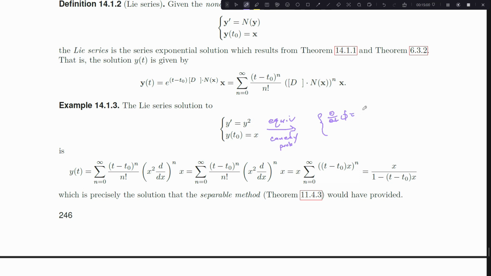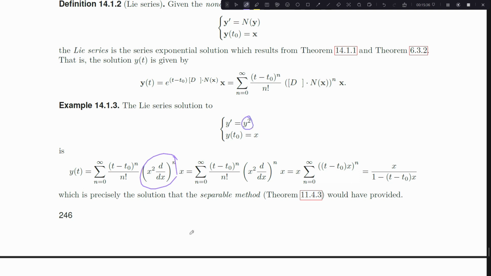So then you get partial x on phi, that's the Jacobian in one dimension, multiplied by n of x, which is just x squared. And then we have that phi at t0 on x equals x. And so to solve that Cauchy problem, we just go through this procedure. And there's our procedure.